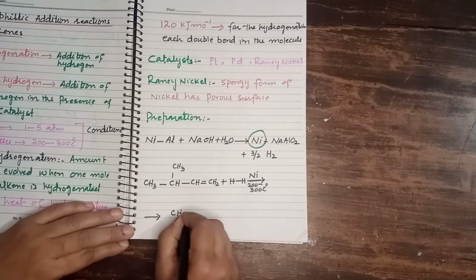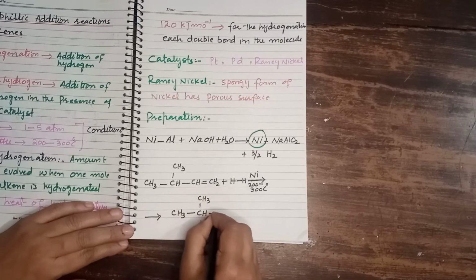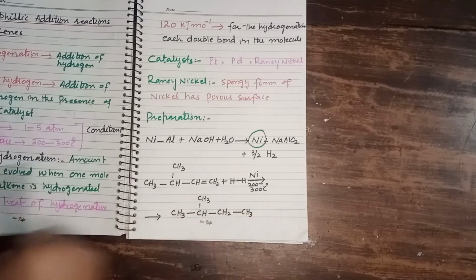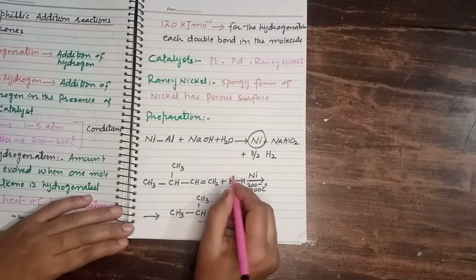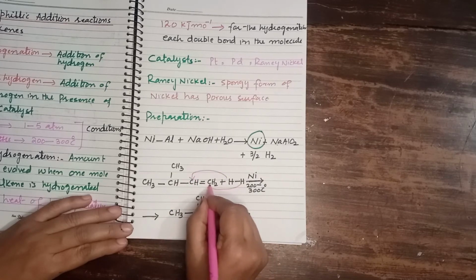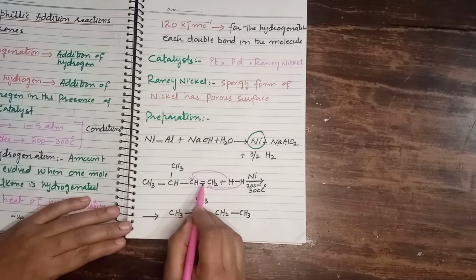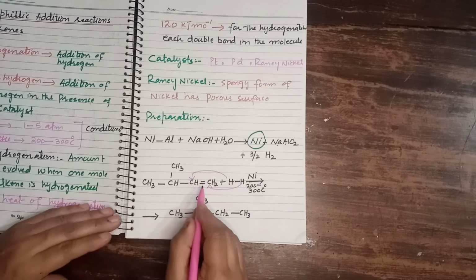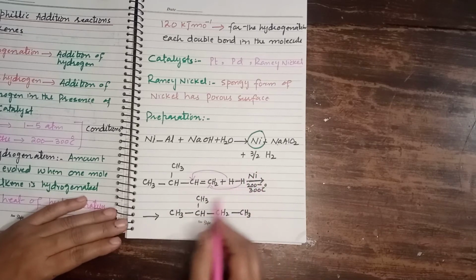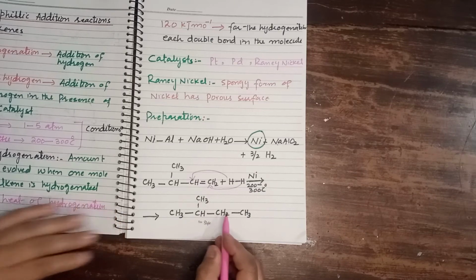CH3, CH, CH3, CH2 and CH3. It means one hydrogen added to this carbon and a second hydrogen atom added to this carbon, right? In this way, this alkene molecule, an unsaturated hydrocarbon, after the addition of hydrogen under these conditions, changes to a saturated hydrocarbon, that is an alkane molecule.